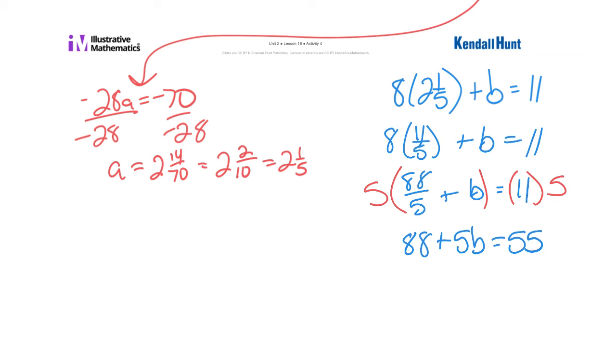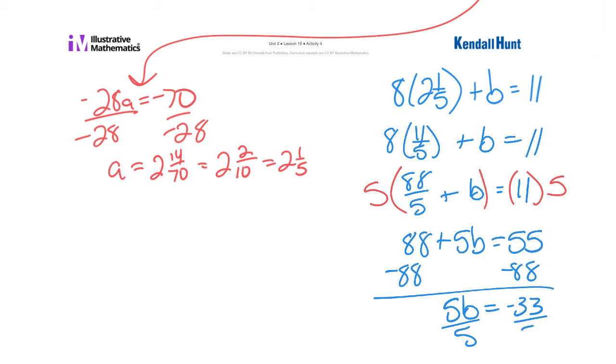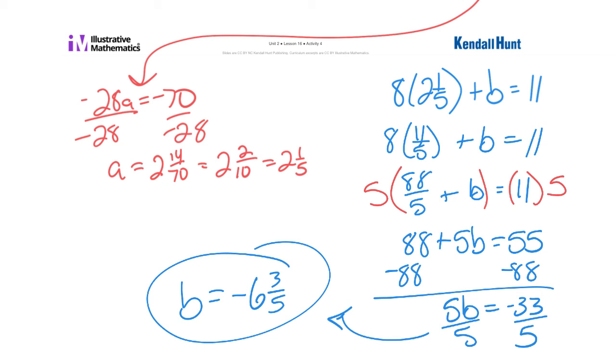And as long as I do it to everything on both sides of the equation, I'll be just fine. And then I can keep simplifying. This is easier to work with. And I end up with b equals -6 and 3/5. And so I have a was 2 and 1/5, and b is -6 and 3/5. And that's where we're going to stop with that problem.